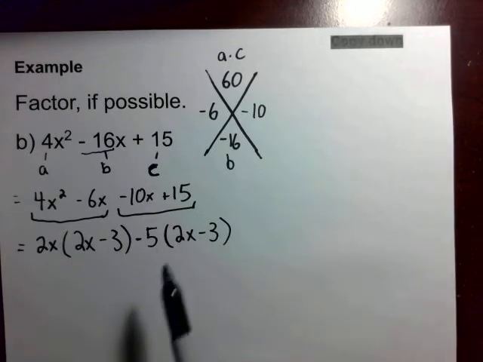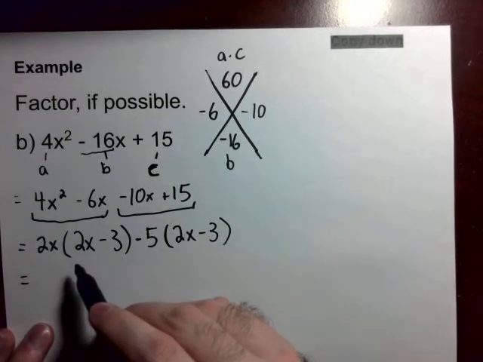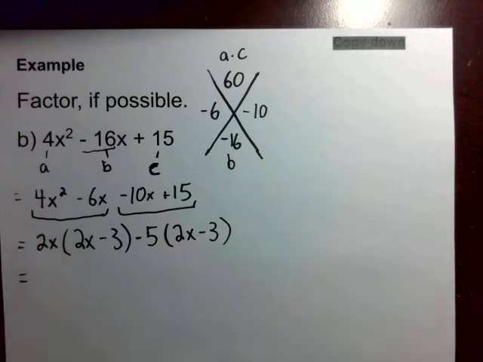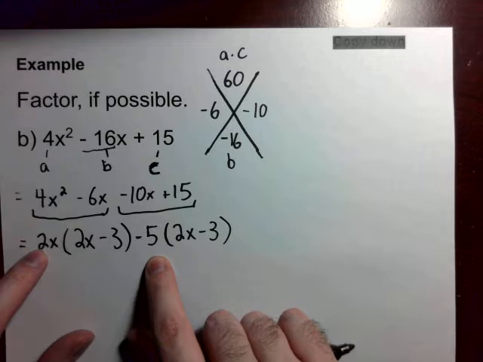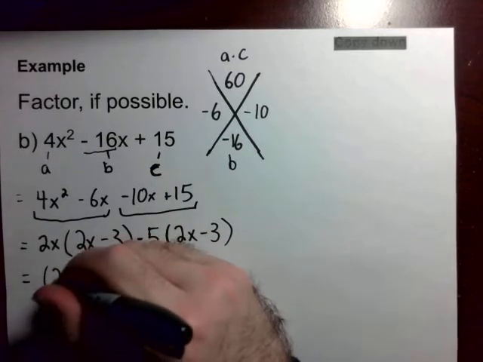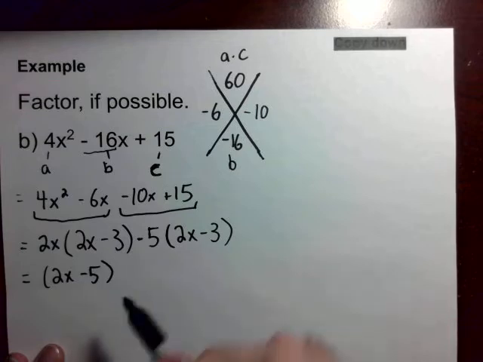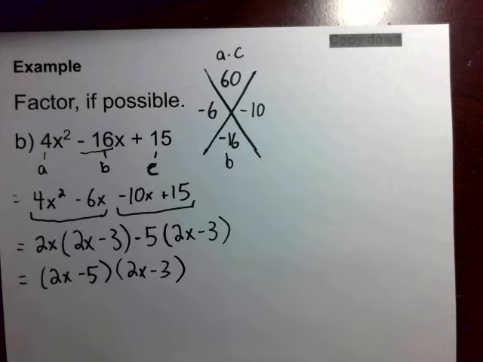So now this is binomial common factoring, which is a type of problem we've also seen earlier in the unit. One of our brackets is going to be based on the leftovers, what's not within a bracket already. So that'll be 2x minus 5. And then our other set of brackets will be 2x minus 3.